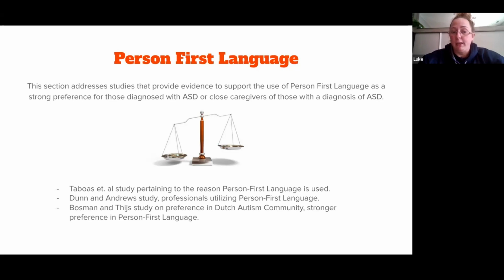Dunn and Andrews' study talks about professionals utilizing person first language, and Bozeman and T's study is referencing a Dutch autism community and how there's a stronger preference for person first language. Next.